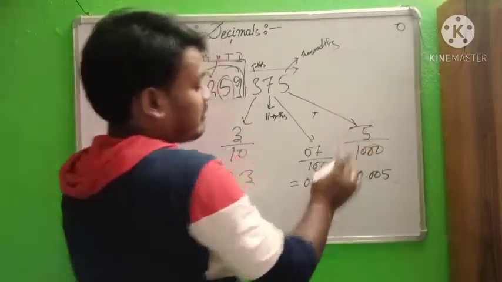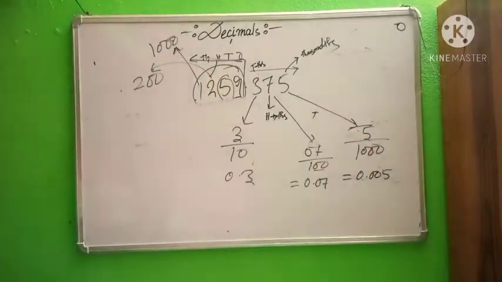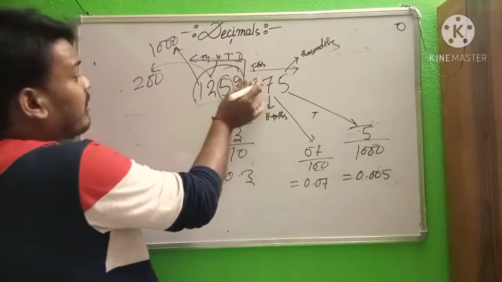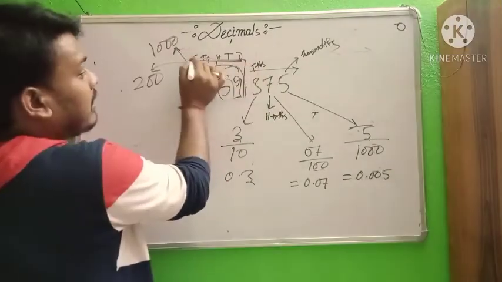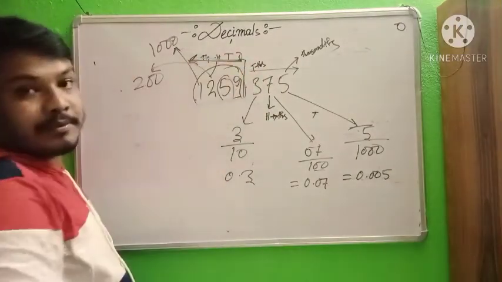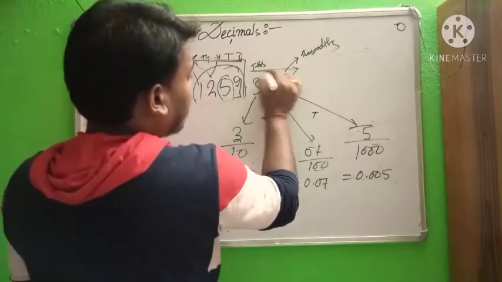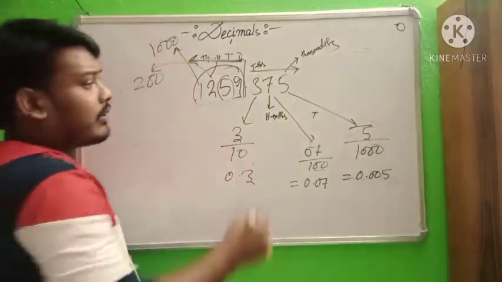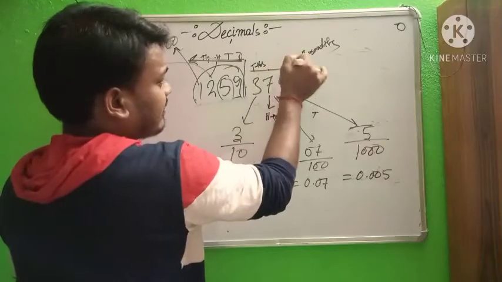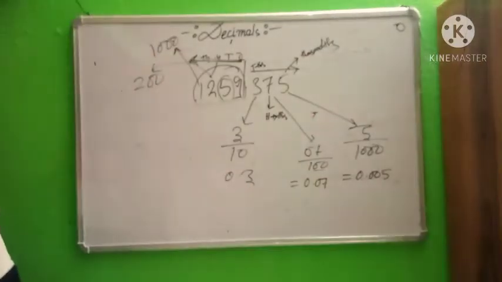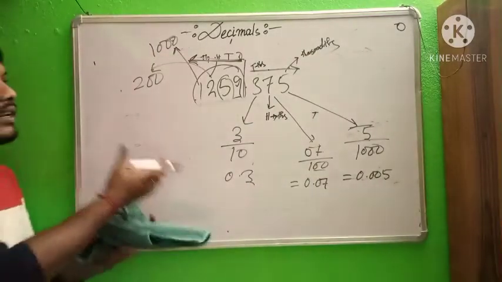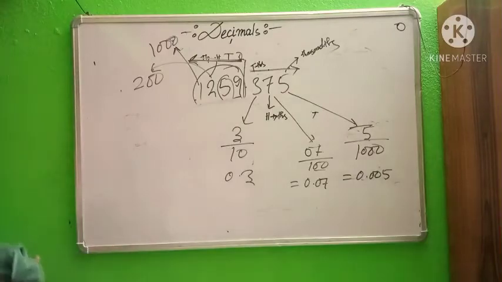So that is the place value. Before the decimal part it is similar, in this way: 1, 10, 100. After the decimal part we write the places in this way: tenths, hundredths, thousandths. Very easy. And from here we can write the expanded form.